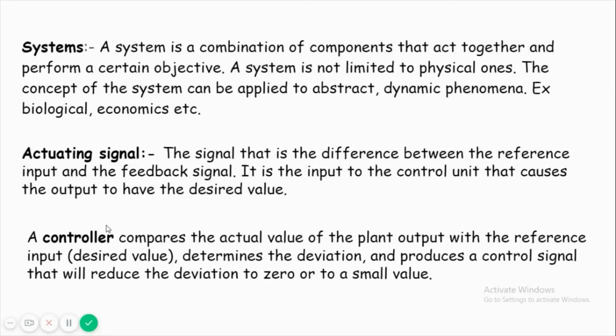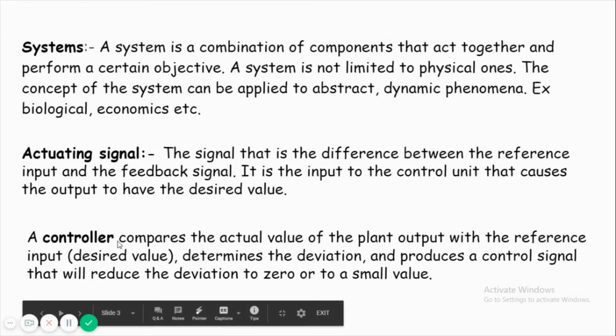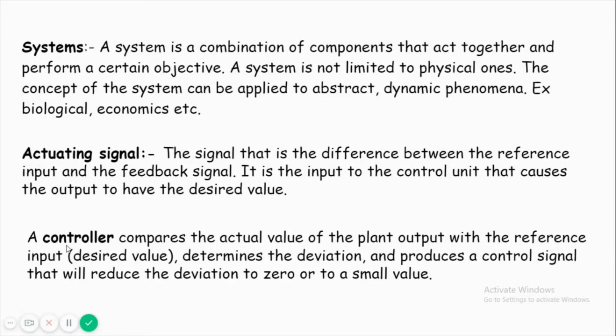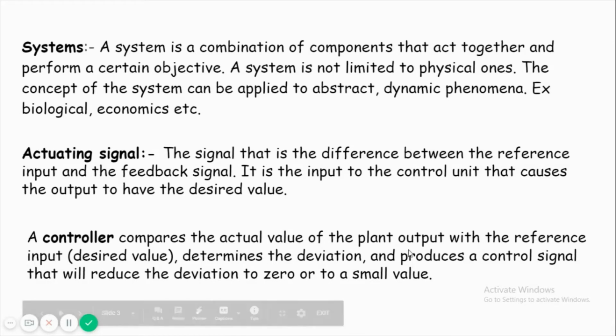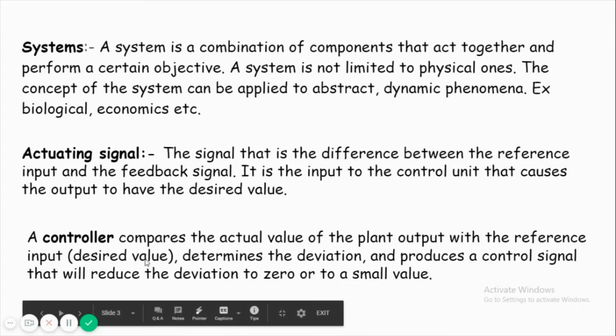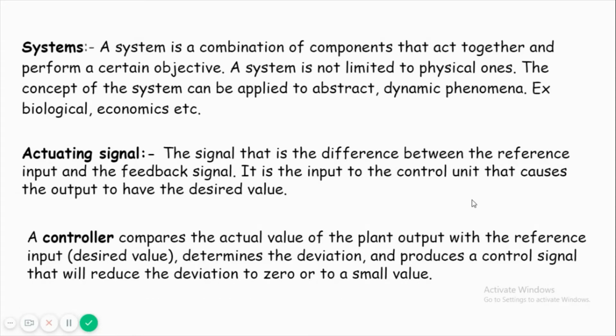So here we can see another definition of controller. A controller compares the actual value of plant output with the reference input, determines the deviation, and produces a control signal that will reduce this deviation to zero or to a small value.